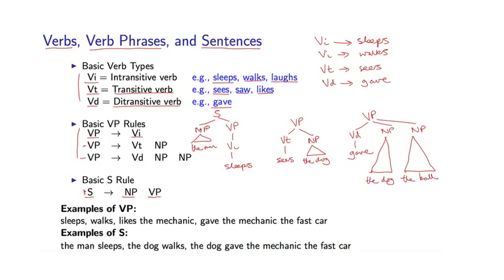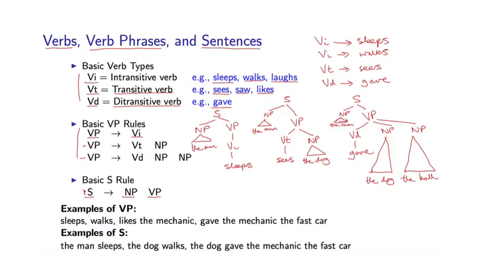Notice I have S goes to NP VP here, and the man, and this VP goes down to sleeps. Similarly, I could have an NP here, which would again be the man. So the man sees the dog, and we could have the man gave the dog a ball.